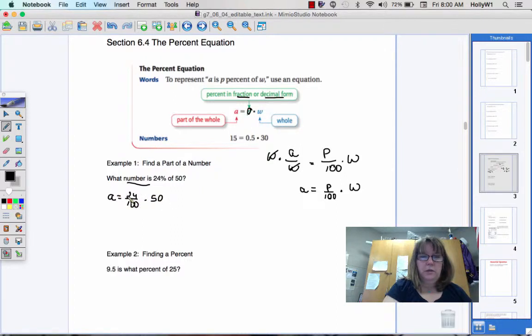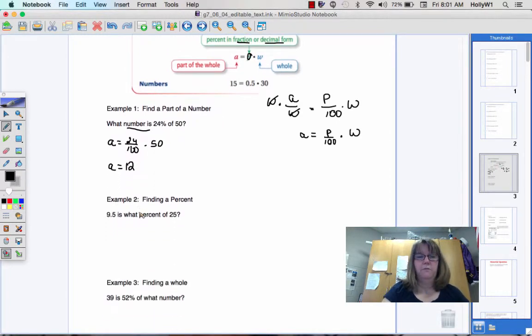So this is 0.24 times 50, and it turns out that that is equal to 12. So the part is equal to 12.